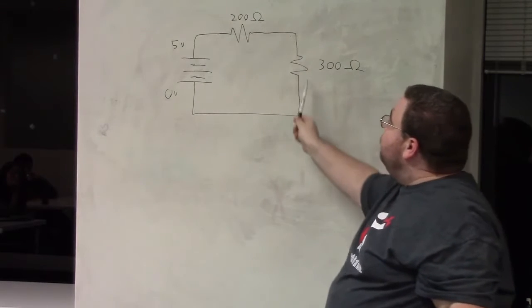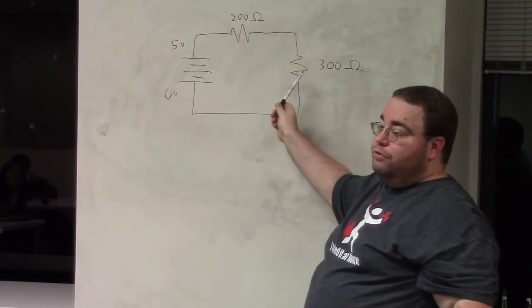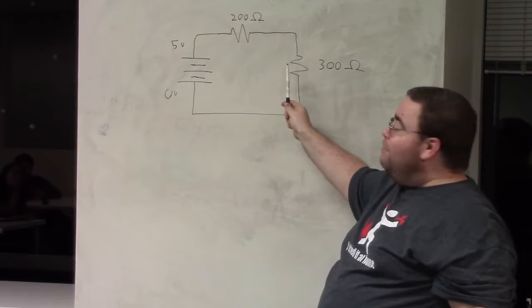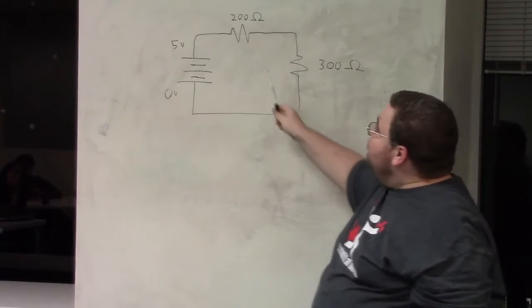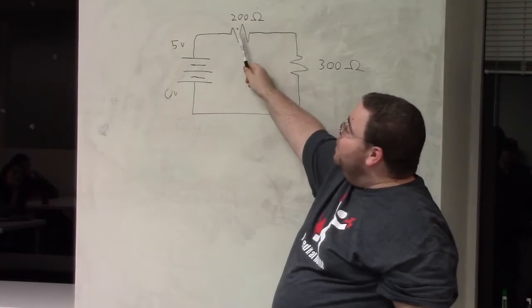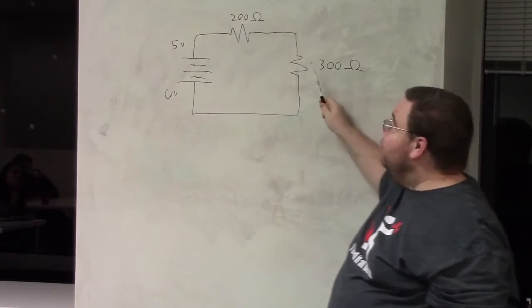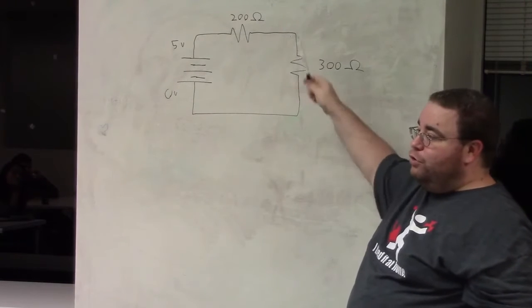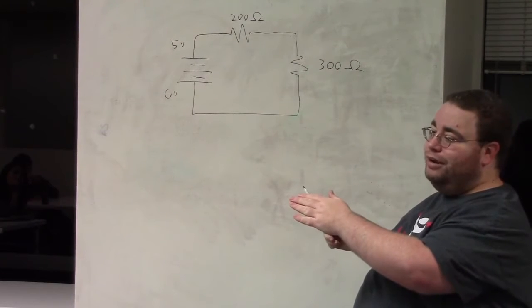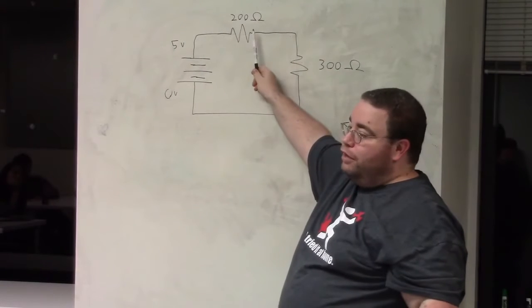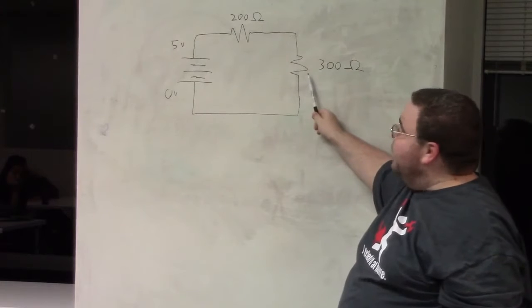The total resistance of this is 500 ohms. And the total drop is going to be 5 volts. If you were to pretend that this is going to be 2 100s, this is going to be 3 100s, each of them would drop 1 volt because there's 5 of them in series, right? So if you go for 2 of them, now you've got 3, and then 3 more, now you're at 0.